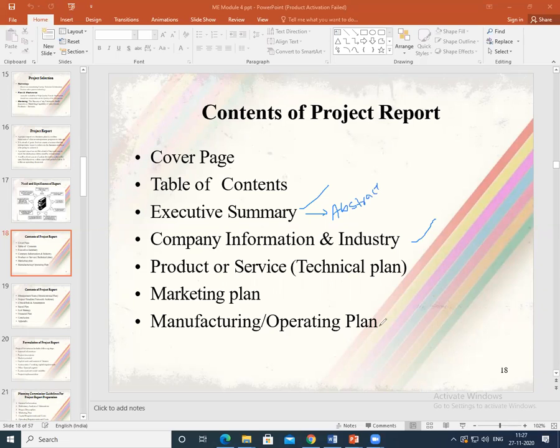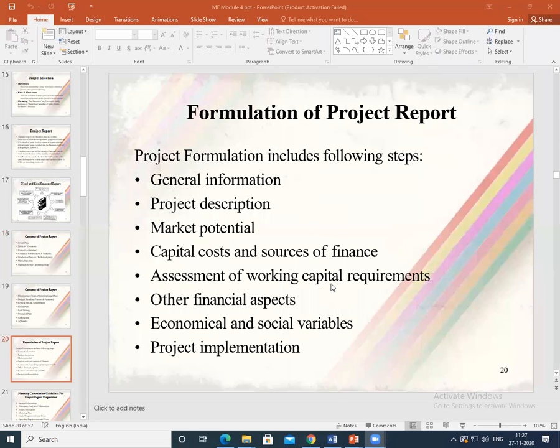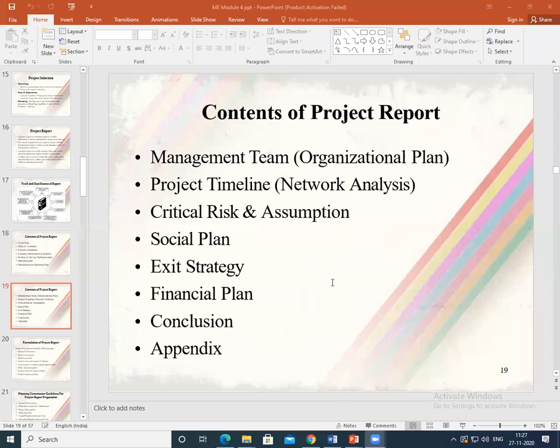If it is on production and operations management, you have a manufacturing and operating plan. Then maybe there is an organizational plan, project timeline, critical risk and assumptions.